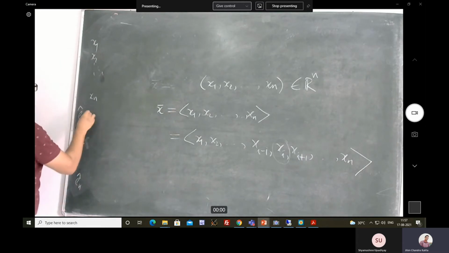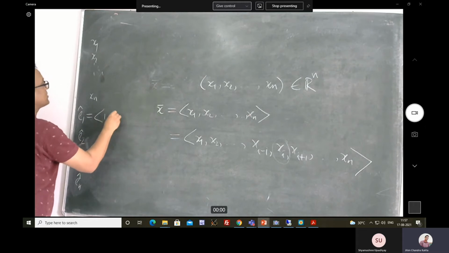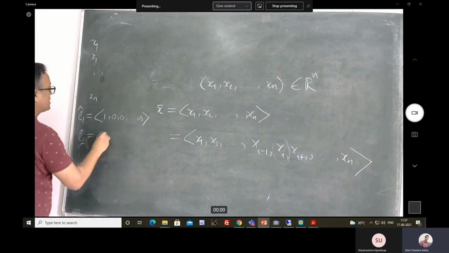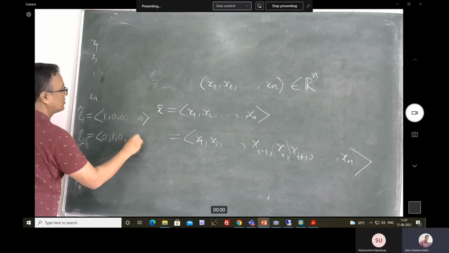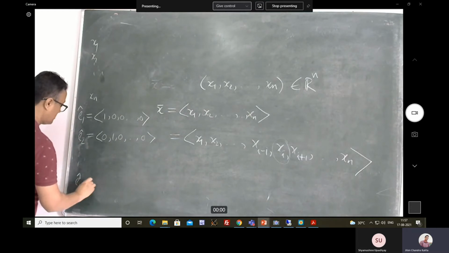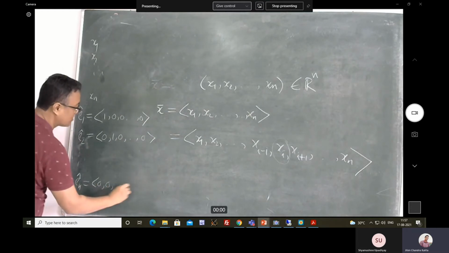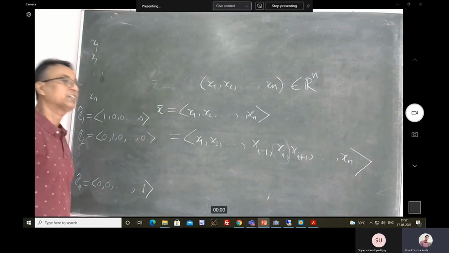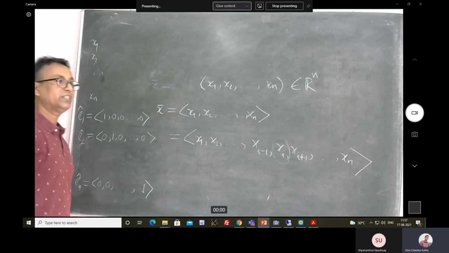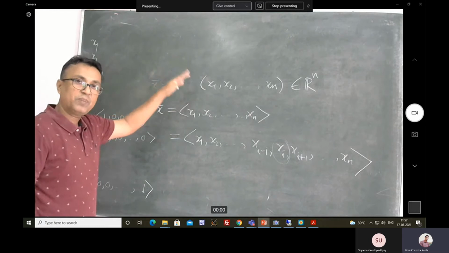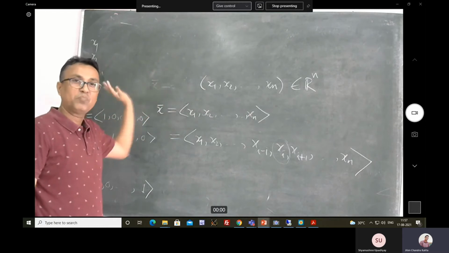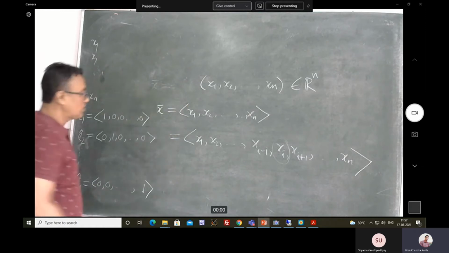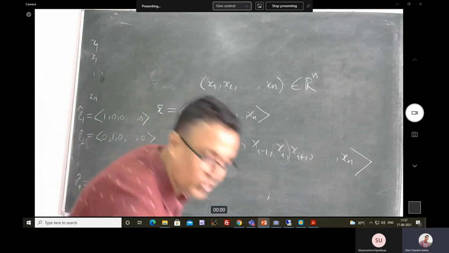This is nothing but (1, 0, 0, 0), this is (0, 1, 0, 0), and so on, and this is (0, 0, ..., 1). As we defined earlier, i, j, k were simply along the x, y, z directions respectively. Since now I have more than three directions, that is why I'm doing it like this. Okay?